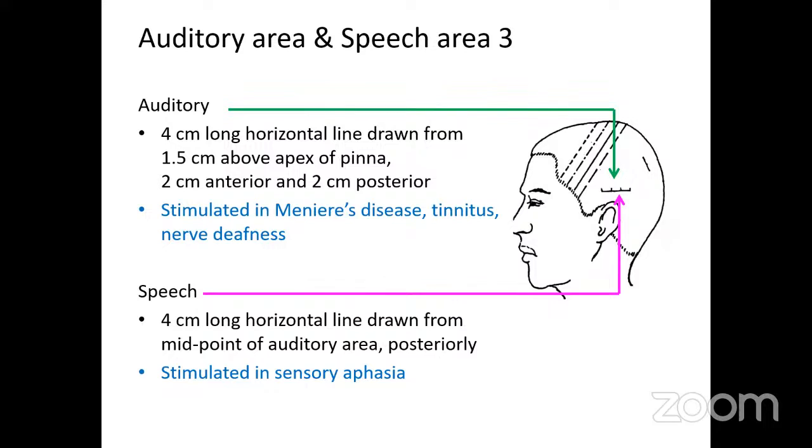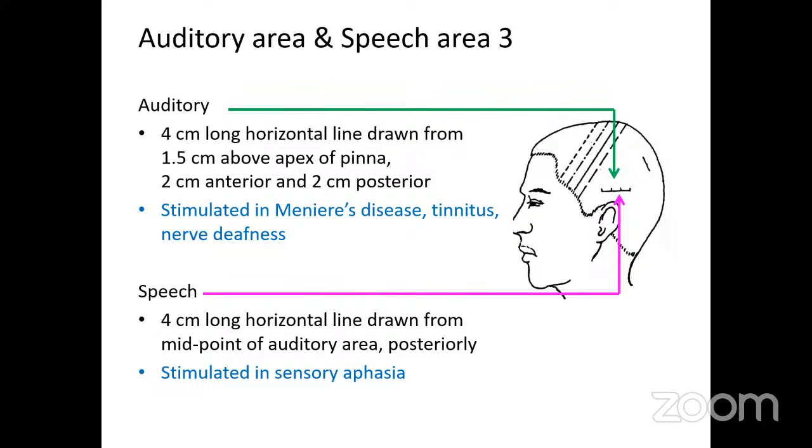Auditory area is actually from the midpoint, 1.5 centimeters above the apex of the pinna. You draw a 4 centimeter line, 2 centimeters extending anteriorly, 2 centimeters extending posteriorly, with the midpoint being 1.5 centimeters above the apex of the pinna. This becomes the auditory area.